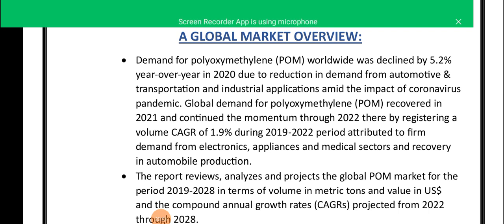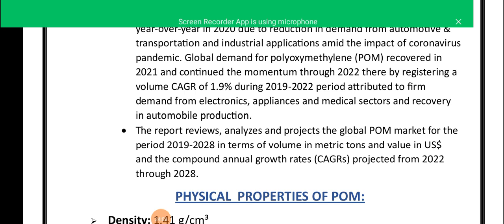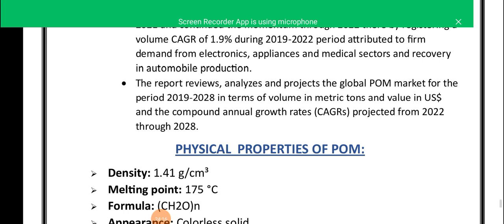Global demand for polyoxymethylene recovered in 2021 and continued the momentum through 2022, thereby registering a volume CAGR of about 1.9% during the 2019 to 2022 period, attributed to firm demand from electronic appliances and medical sectors and recovery in automobile production also.